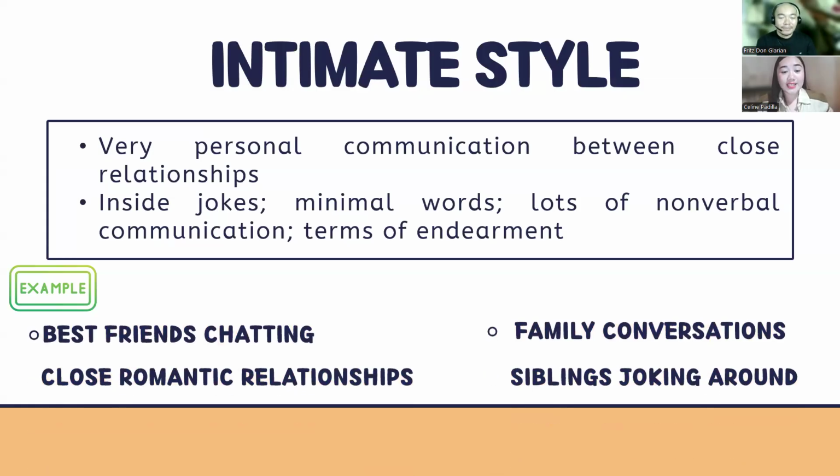So, class, you use an intimate style with your close friends, best friends, close romantic relationships, family conversations, and even when you are joking around with your siblings. This is the most relaxed and personal of all the styles. So, are all the speech styles clear to you? Great.